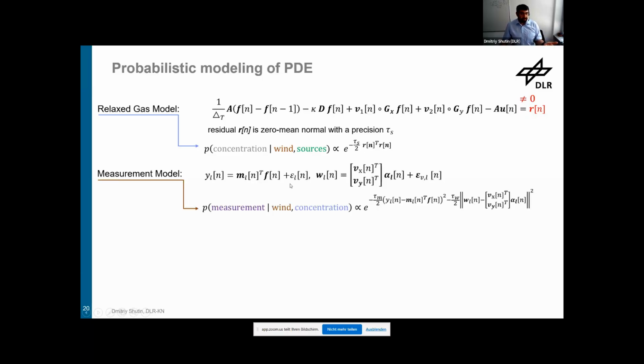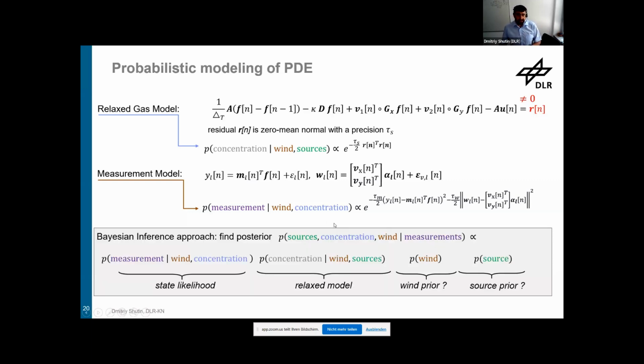Of course, we have measurements, right? So we have our robots that measure winds, that measure the concentration of the gases, and that give us effectively what we call the likelihood. So that's a probability of a measurement, which is conditioned on knowing the wind vector and the concentration. Again, that's given by our measurement equation. And this is where the sparse Bayesian learning comes from.